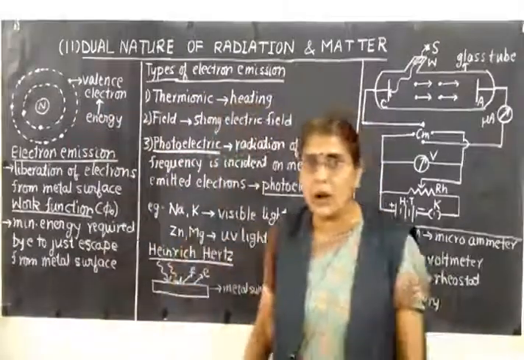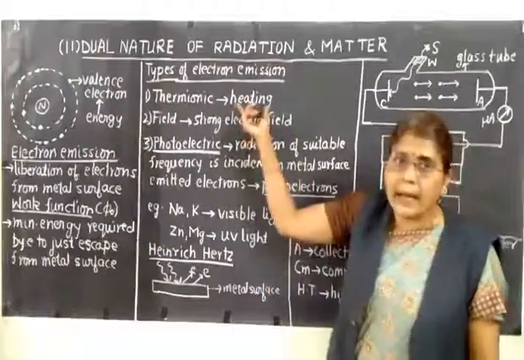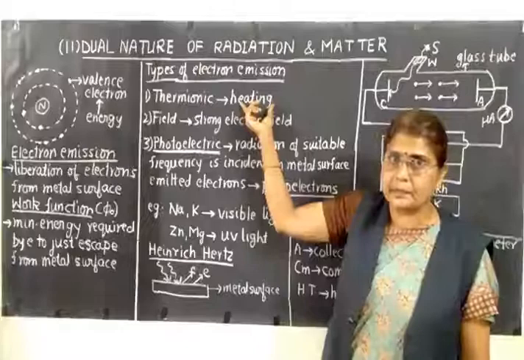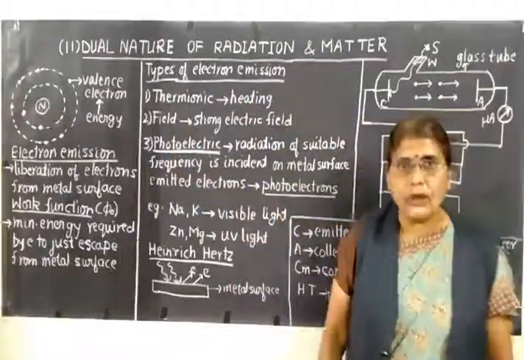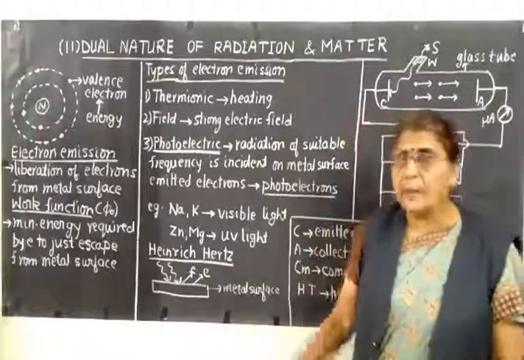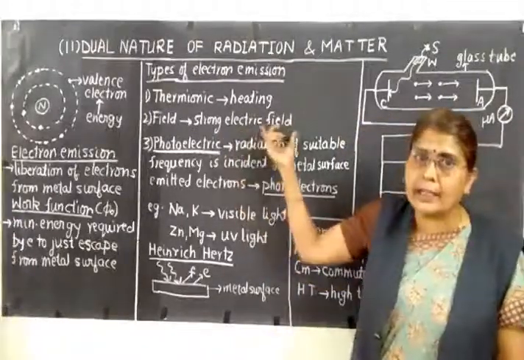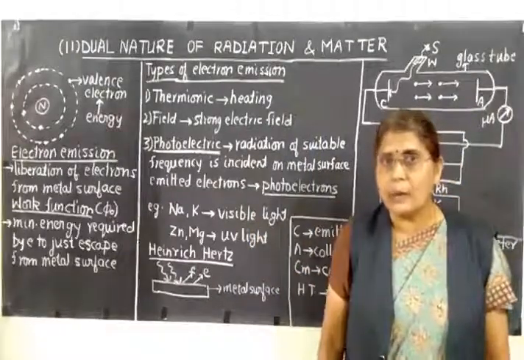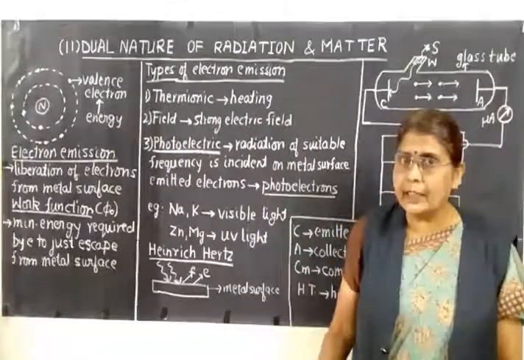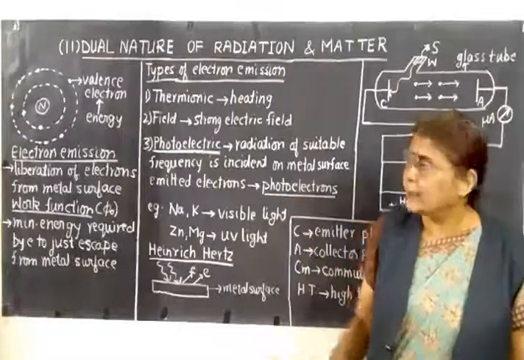It is the process of emission of electrons by heating the metal. Then field emission. It is the process of emission of electrons by applying a strong electric field to the metal. The electrons will be attracted towards the positive plate of the electric field and they will be liberated.